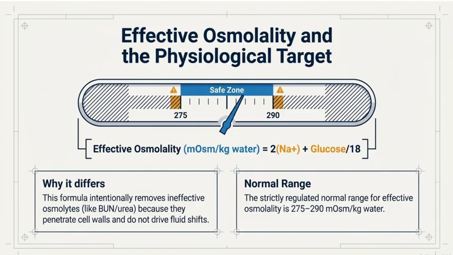Because urea crosses the membrane, it does not drive the water shifts, so it is irrelevant to tonicity. Therefore the normal effective osmolality is 275 to 290 milliosmoles per kg. This is what the brain senses, not the osmolality, but the effective osmolality.